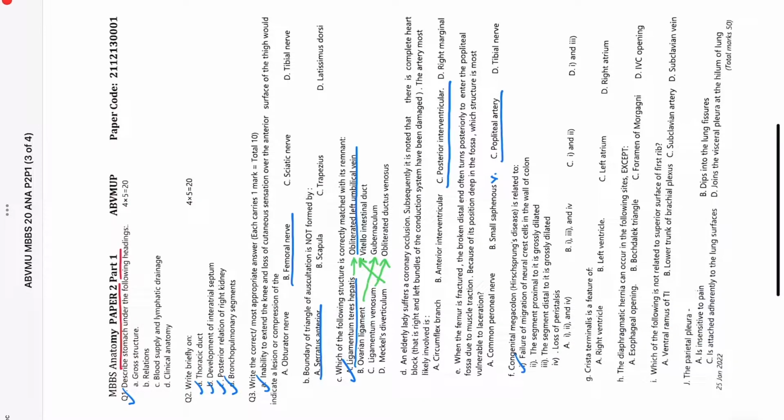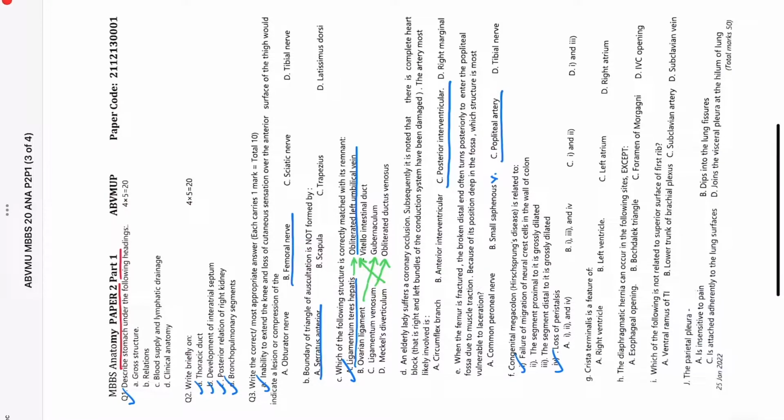You must know Meissner's plexus is present in the submucosa. Myenteric plexus, which is also called Auerbach's plexus, is present between the inner circular and outer longitudinal muscle coats. Now these smooth muscle cells need ganglionic cells to interconnect the stimulus the parasympathetic fibers are conveying there. So in absence of these ganglionic cells, there are no contractile waves in the GIT in that segment, and that leads to loss of peristalsis in that portion of the colon. So loss of peristalsis is of course the correct statement here.